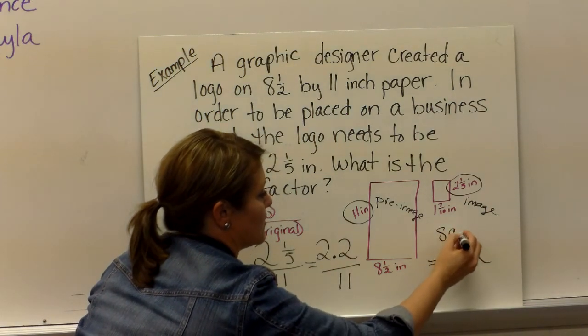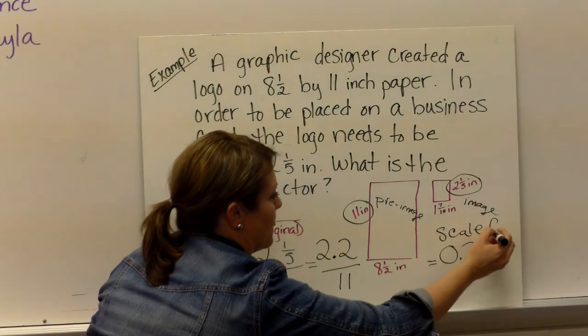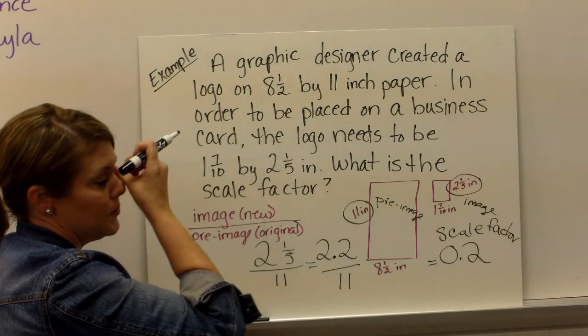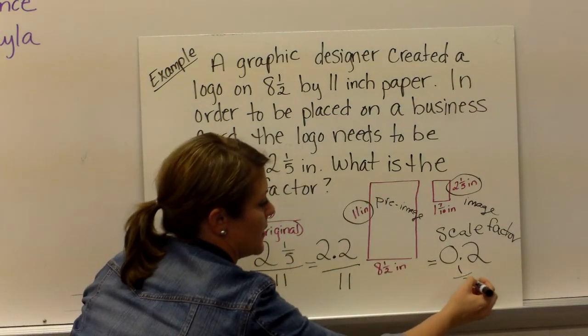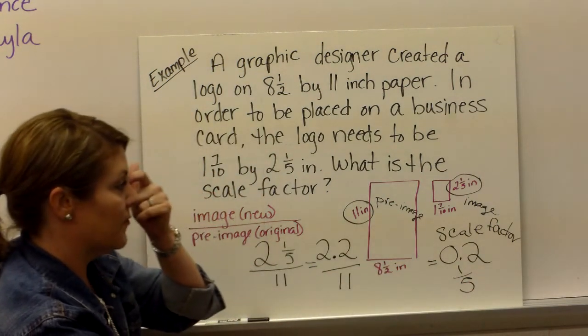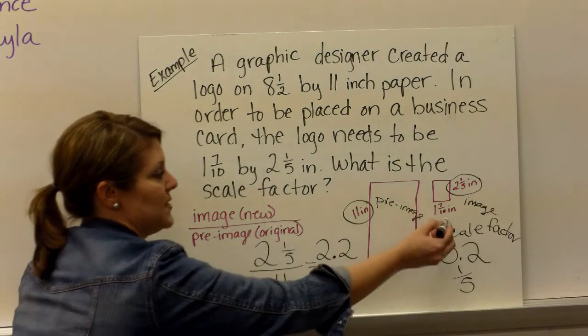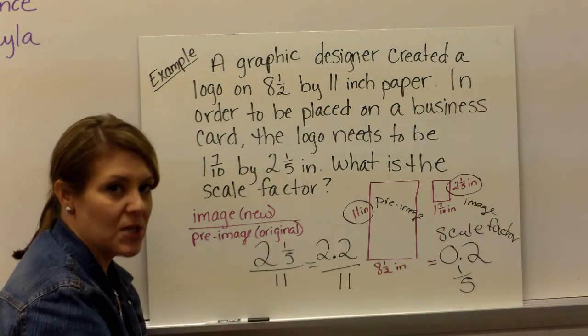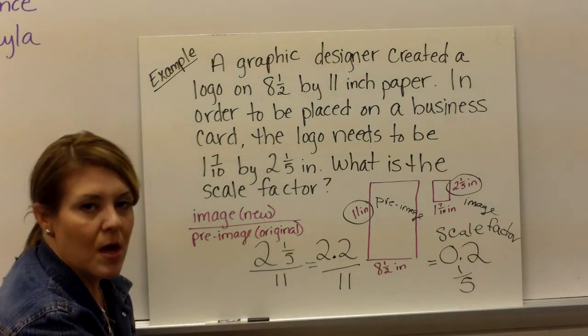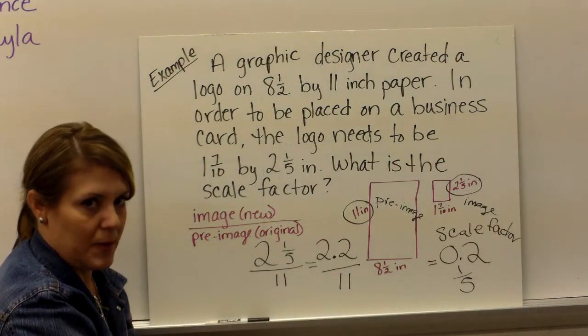That's your scale factor. Okay. 0.2 is 1/5. So your scale factor is 2/10 or 1/5, meaning that this business card is definitely a reduction. It's a fifth of the size of the original. That was the 8.5 by 11-inch paper.